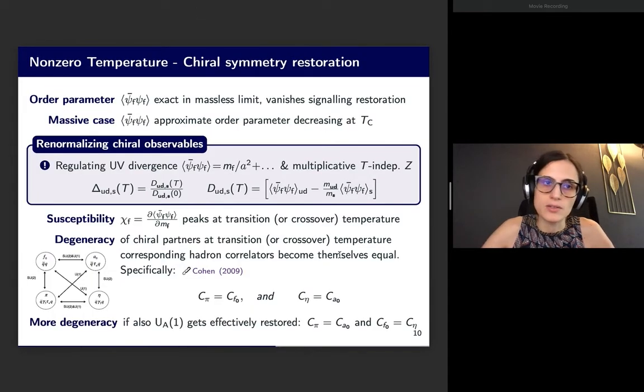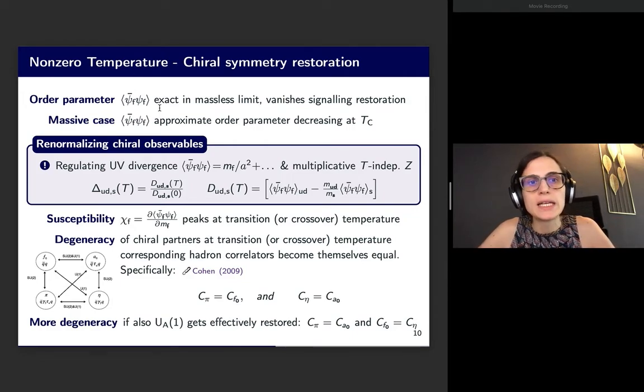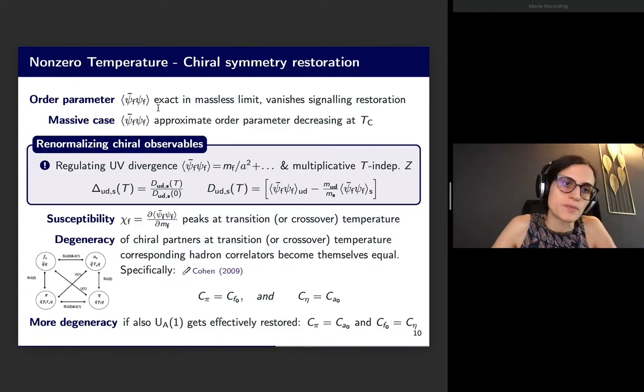This is the so-called chiral condensate. It is an exact order parameter in the massless limit because it signals restoration by becoming zero, by vanishing. In the massive case, it is only an approximate order parameter, but still it decreases significantly at the critical or pseudo-critical temperature.